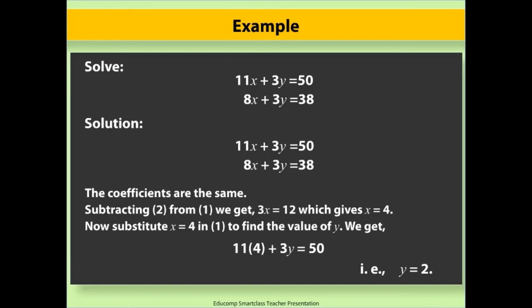Subtracting 2 from 1, we get 3x is equal to 12, which gives x is equal to 4. Now substitute x is equal to 4 in equation 1 to find the value of y. We get 11 into 4 plus 3y is equal to 50. That is, y is equal to 2.